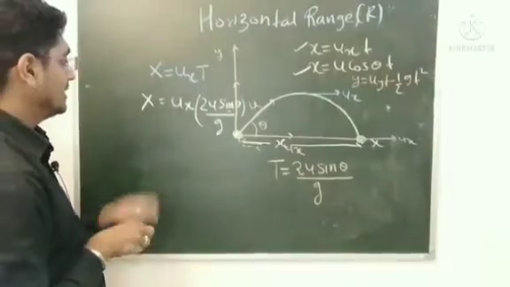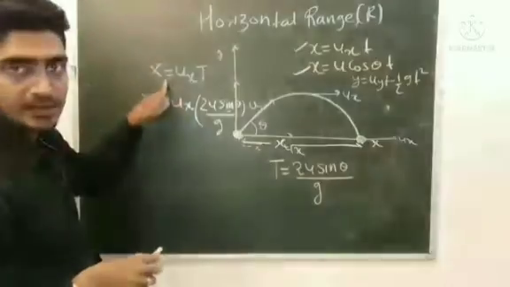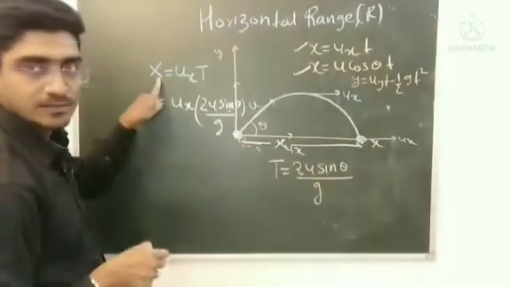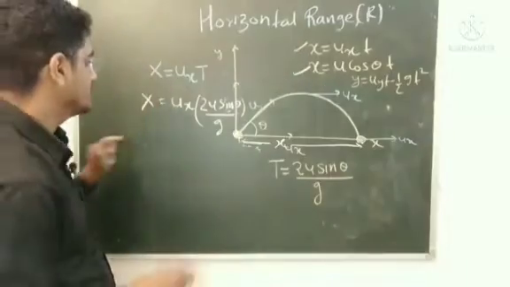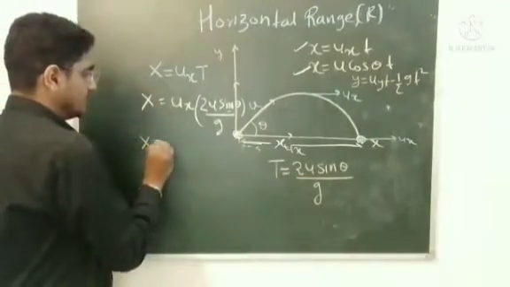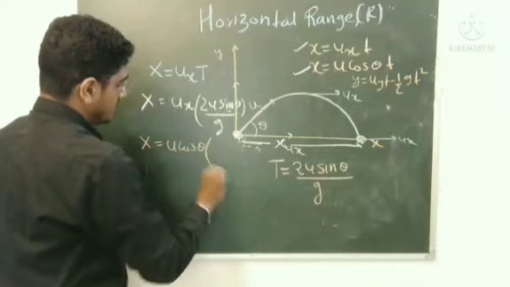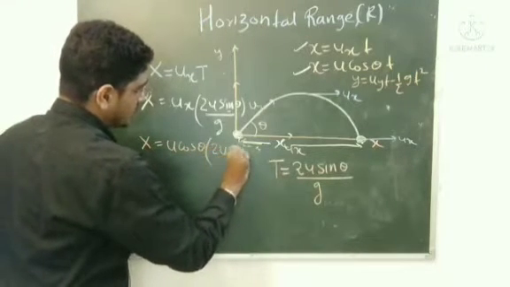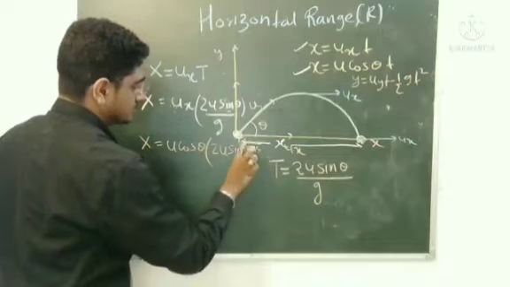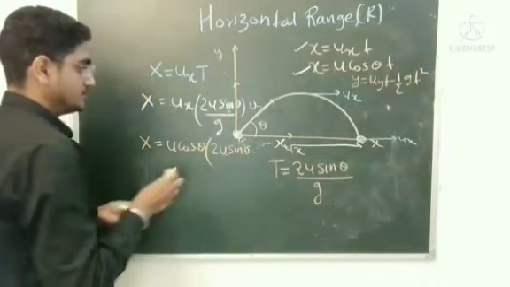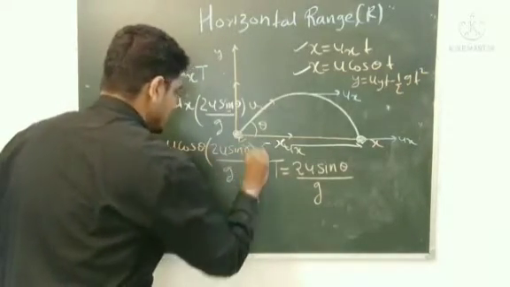For calculating the range, because x equal to ux into T, this is the horizontal displacement, we also call it horizontal range. So this x is nothing but ux, meaning u cos theta, into 2u sin theta divided by g.